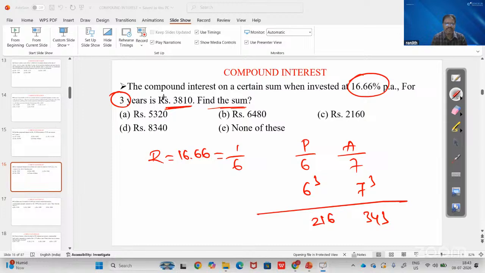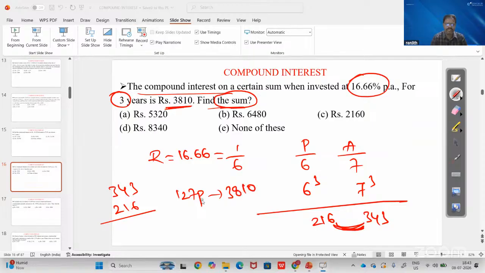So what is given? We need to find the sum. He is given the compound interest. So he is given the difference of these two, principal and amount. What is the difference of these two? 343 minus 216 is equal to 127 parts. Where 127 parts equal to 3810. So see in 7 table 1 we are getting 3 times.